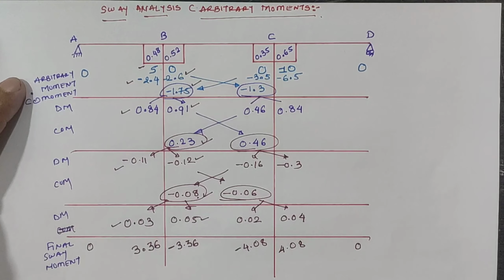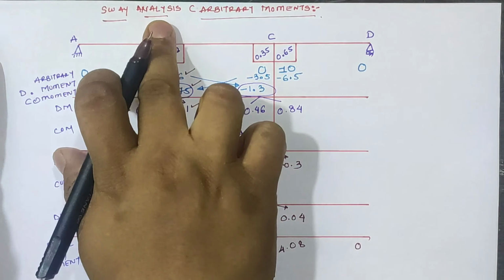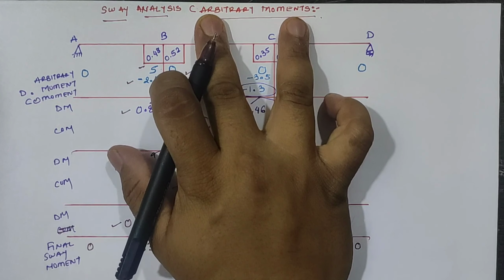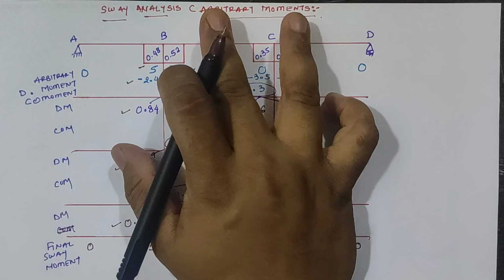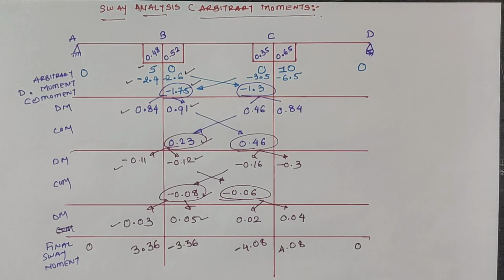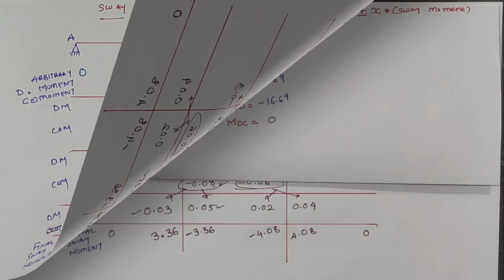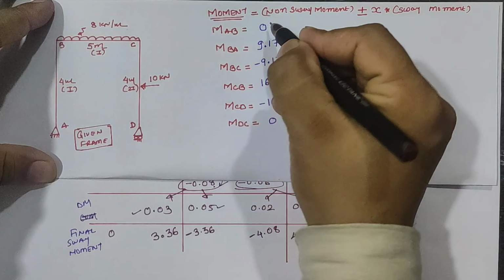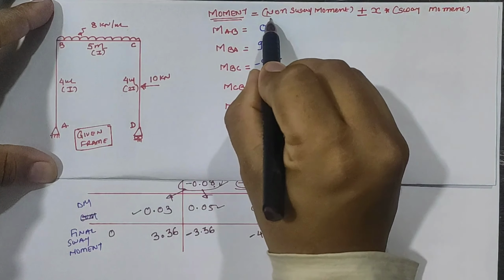So after analyzing the sway analysis by arbitrary moment, we have to put the value of all the sway moments in the equation, where the indicated value is the non-sway moment.